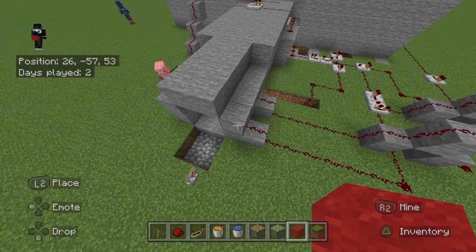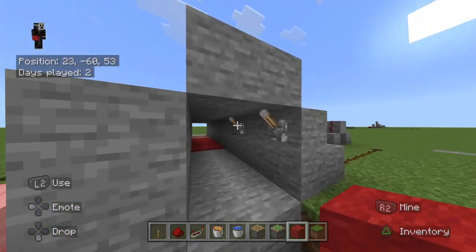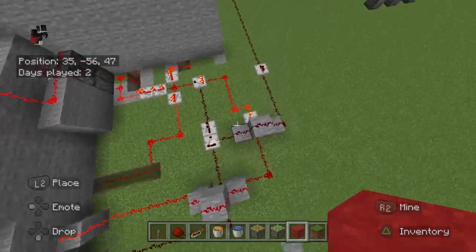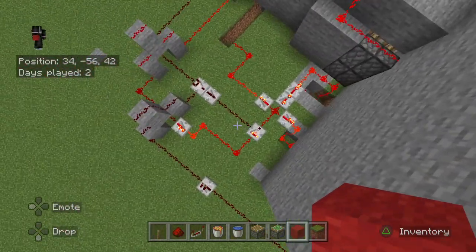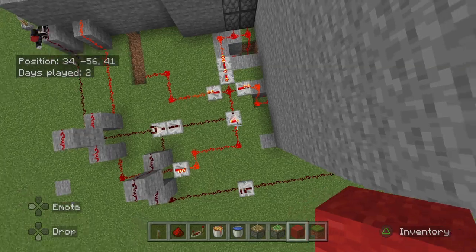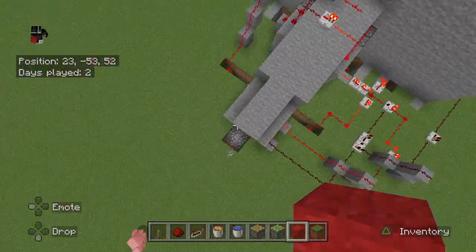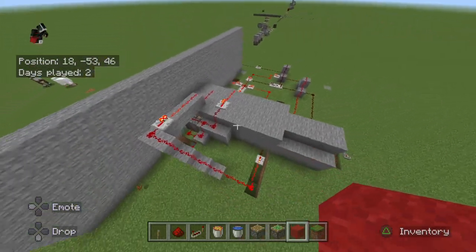So you flick that, no power. If you flick this, those power, because there's no power greater than the main input. Goes up, flicks those.